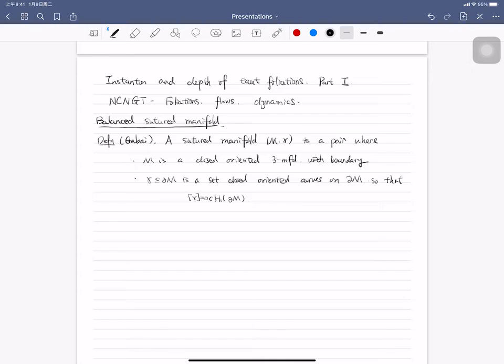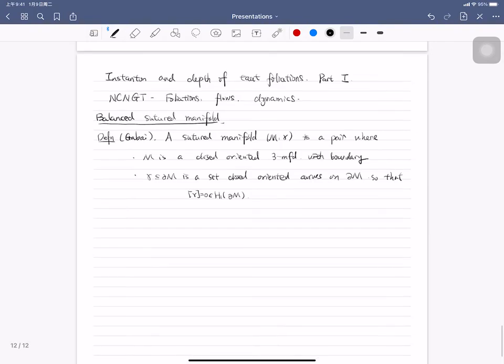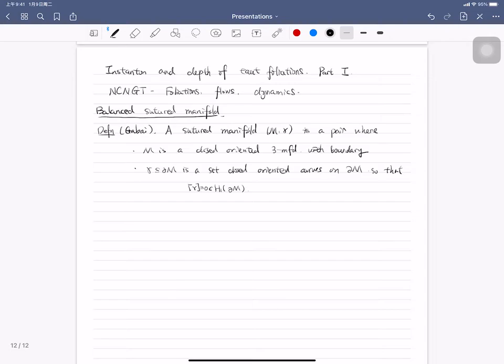This is slightly different from the original definition from Gabay, but as we will see, we'll only focus on balanced suture manifolds, so this is enough for our purpose.